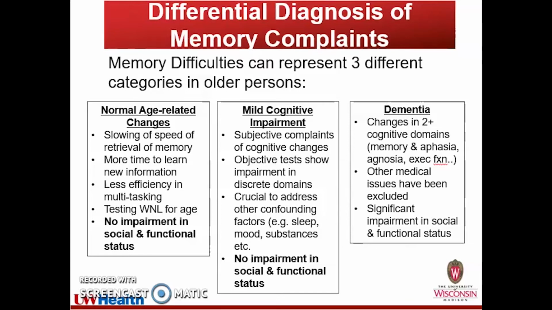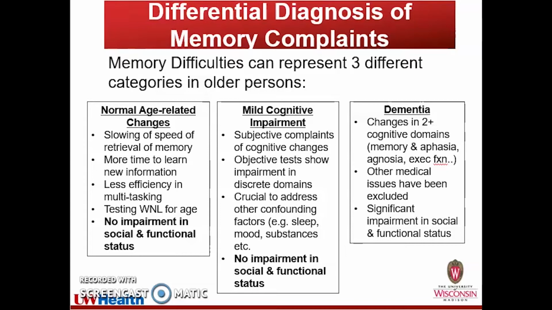There's another group, a group that we call mild cognitive impairment or mild neurocognitive disorder. And again, this group has subjective complaints. In this situation, though, when we proceed with some type of testing, there is objective evidence that the person is falling outside of the norms in one or possibly several cognitive domains. This is a group that can have very different trajectories.